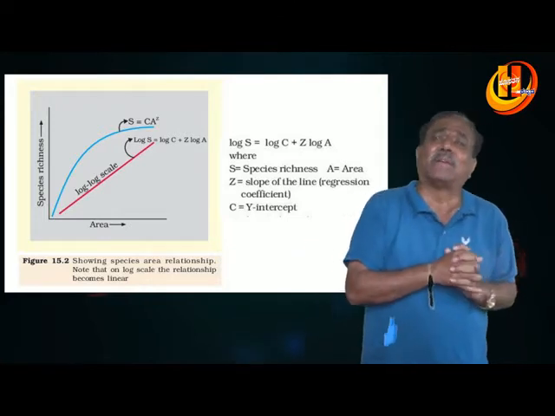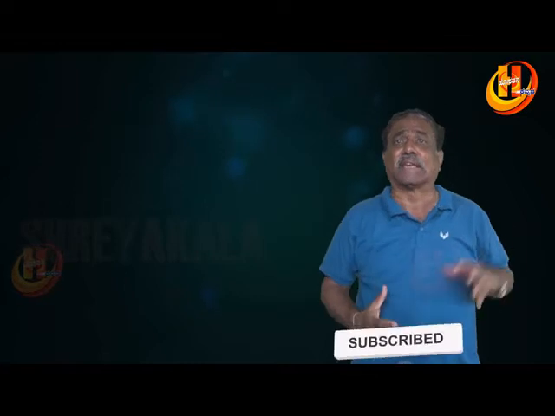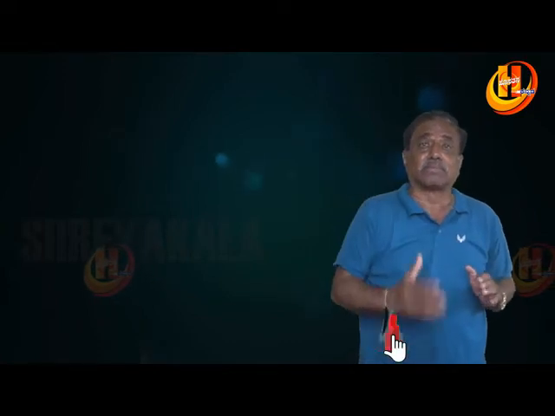And then David Tilman suggests that as the number of species increases, the productivity also increases. That is according to David Tilman. And the rivet popper hypothesis was proposed by Paul Ehrlich. Here the rivet means species, popper means loss. This is the rivet popper hypothesis proposed by Ehrlich.